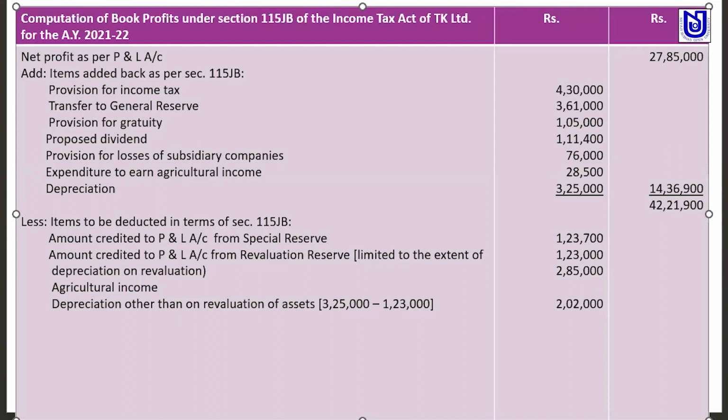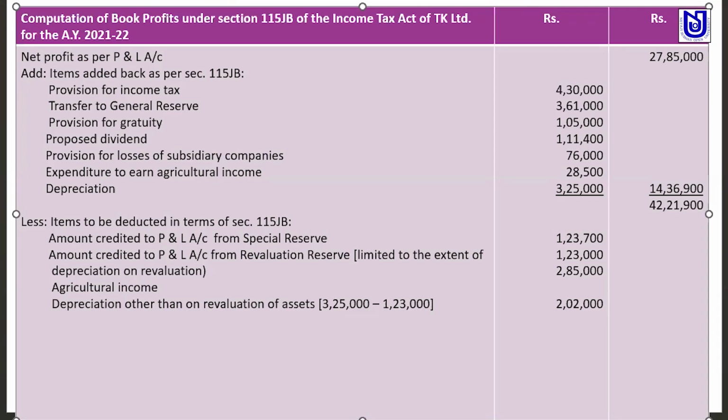And last item, you see the other information part. In page number 20, the company had brought forward business loss of rupees 1,86,000, and the unabsorbed depreciation is 1,47,000.